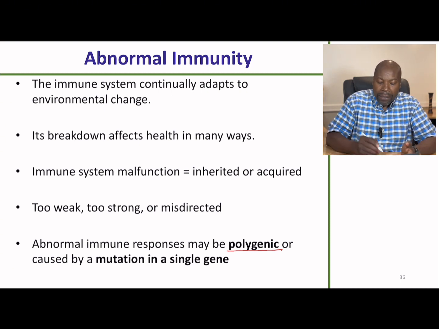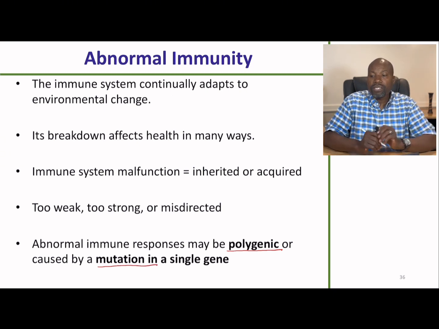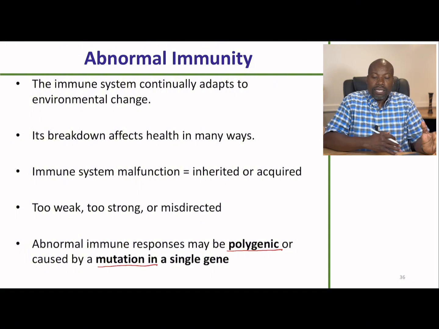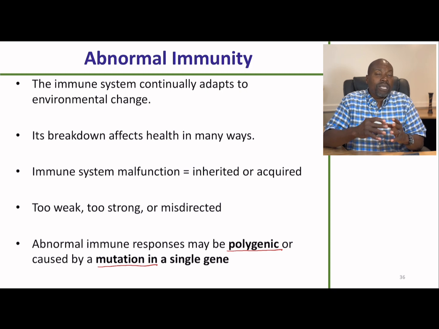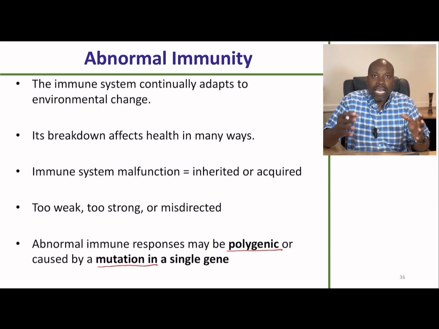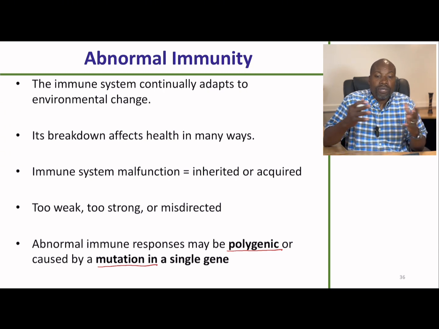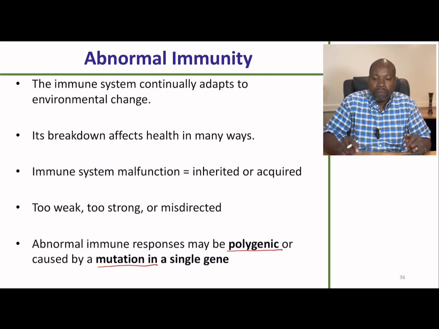Sometimes it can be because of mutations in a single gene. And regardless of whether it's polygenic or occurs because of a single gene, the outcome is the same. It's that our immune system is misbehaving, right?